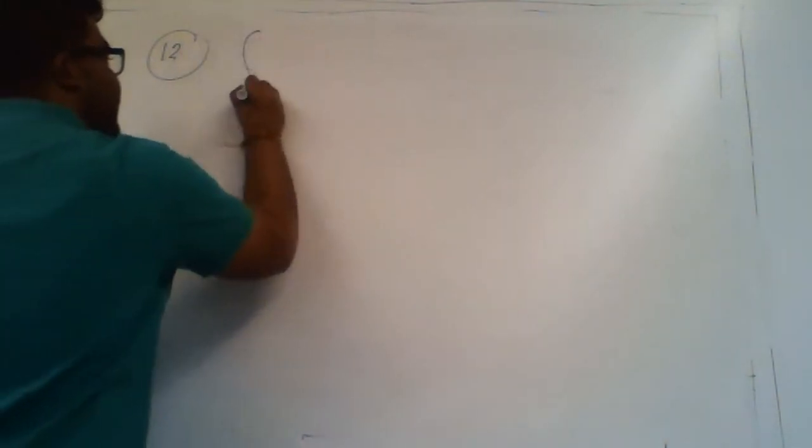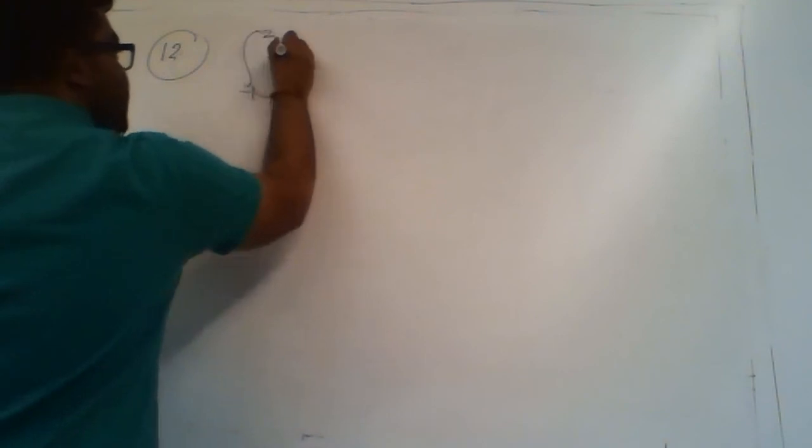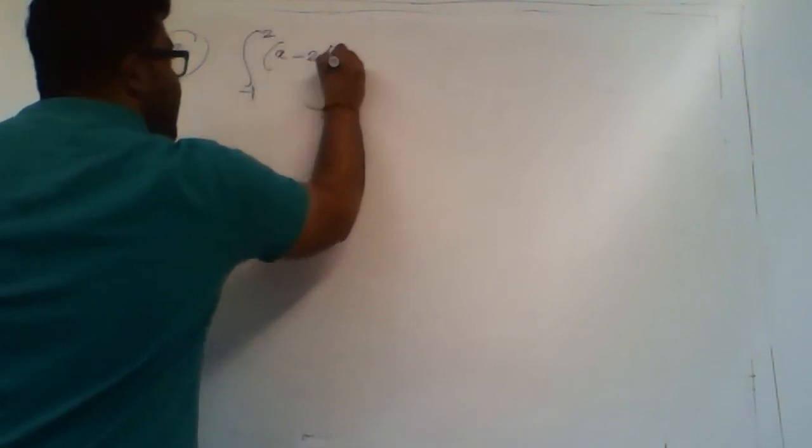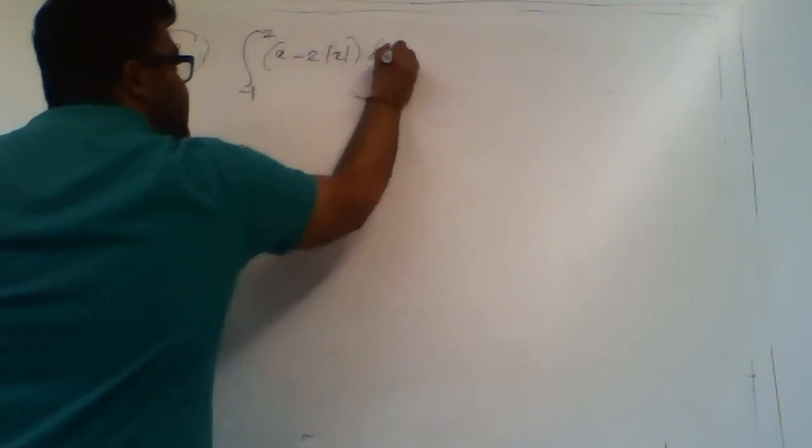So problem number 12 is the integral from minus 1 to 2 of x minus 2 absolute value of x dx.